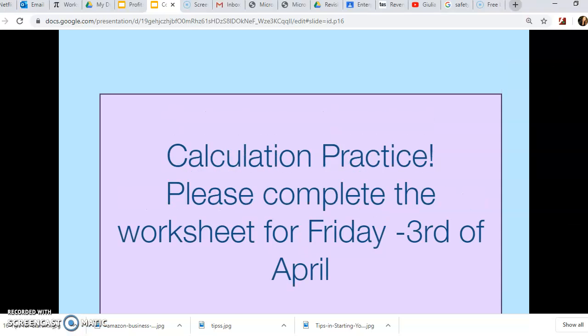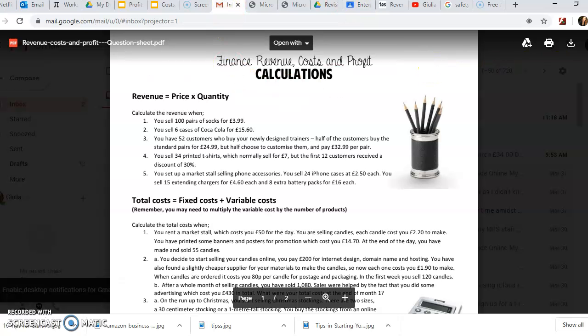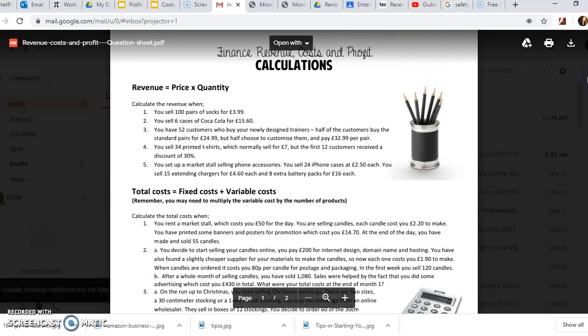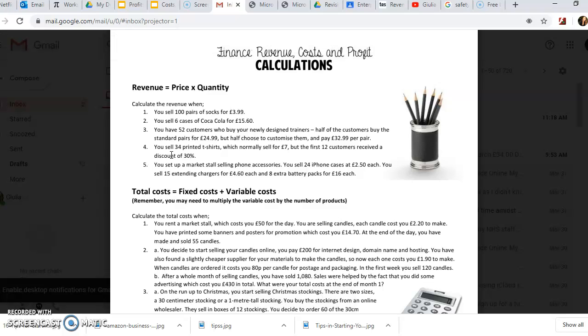But for Friday, what I'd like you to do is this task here. It is, to be honest, quite simple. I'm going to post the solutions on Friday and we can have a look at them then. For the people that love maths, it's going to be quite simple, but I still think you should do all of the questions because it's good practice.